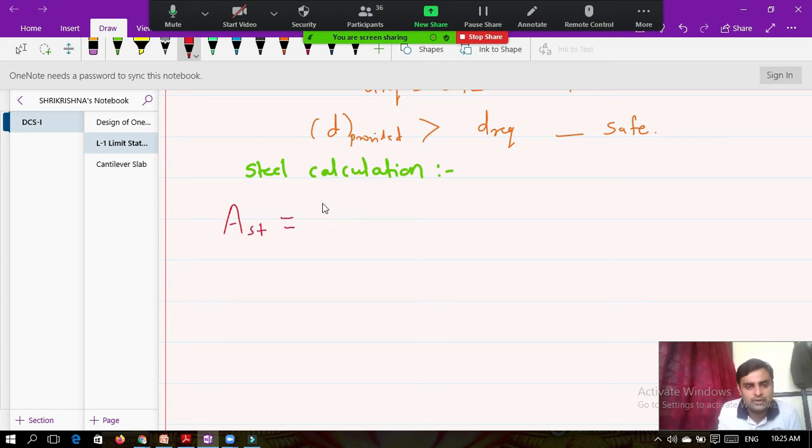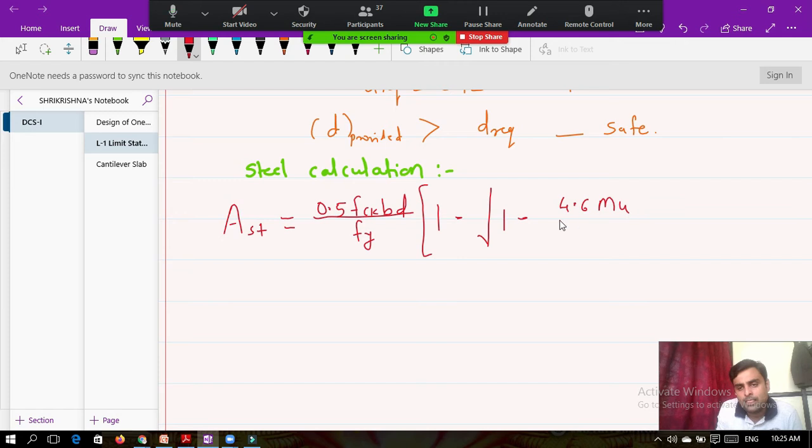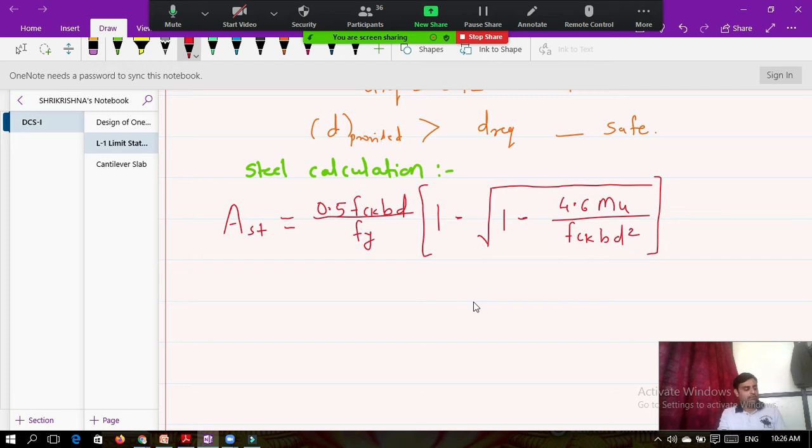Ast is equal to 0.5 fck b d whole divided by fy, in bracket 1 minus under root, again 1 minus 4.6 Mu whole divided by fck b d square, and complete this under root and complete this bracket. So this is the formula to calculate the area of the steel.